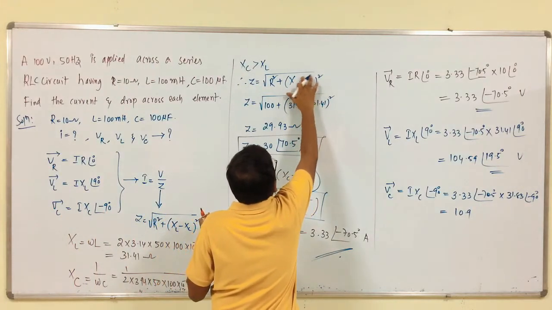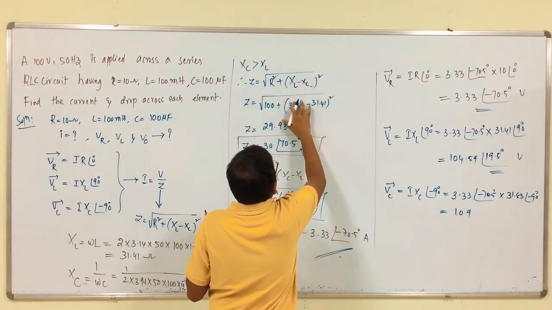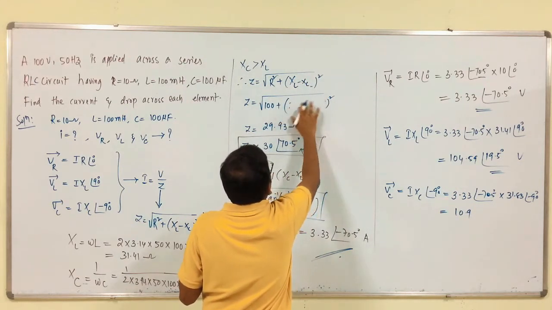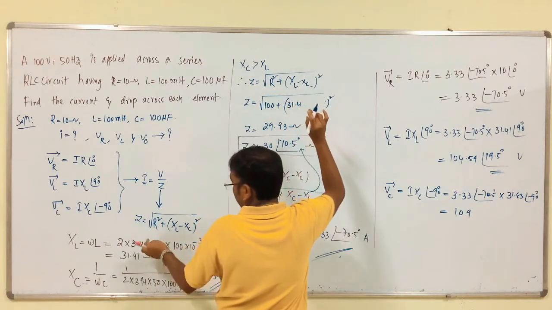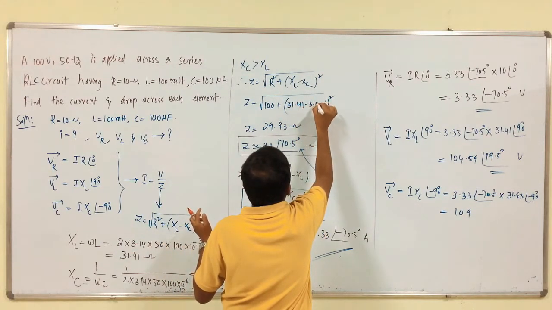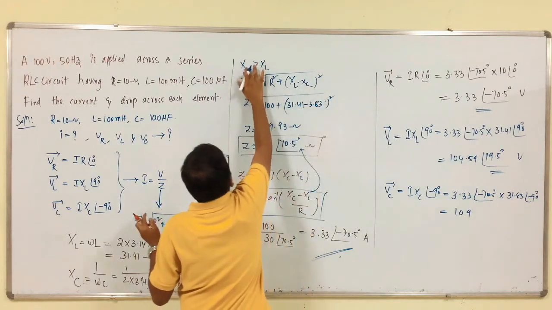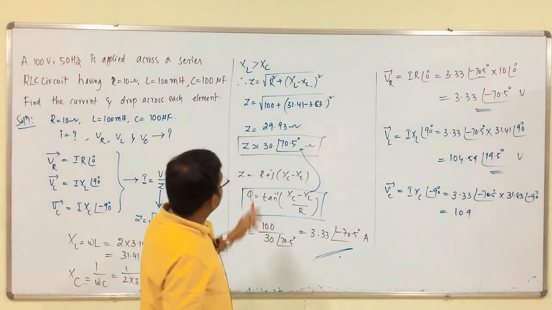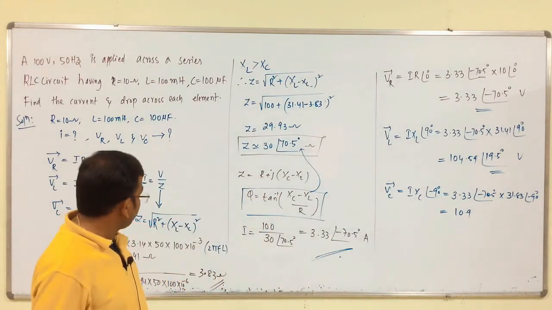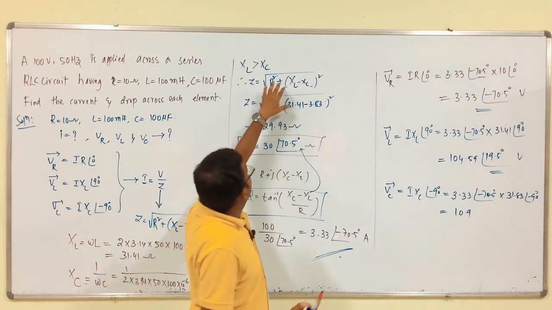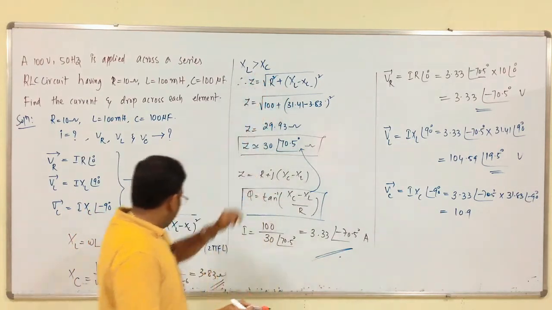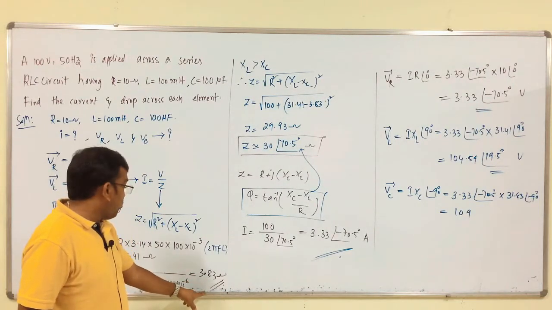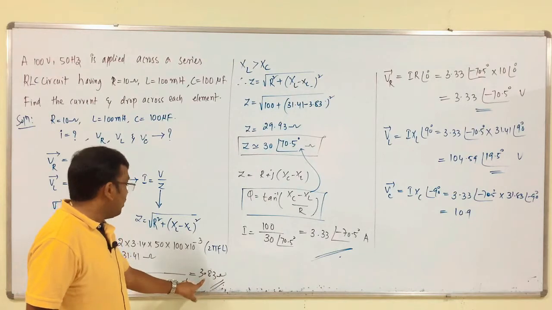XL, now it is XL minus XC. 31.41 minus 3.83. Slight modification, that's it. XL is more than XC because there is slight modification here. It's not 38.13, it's only 3.83.